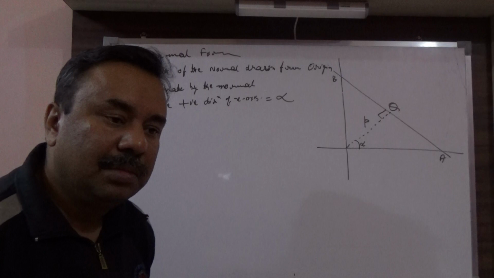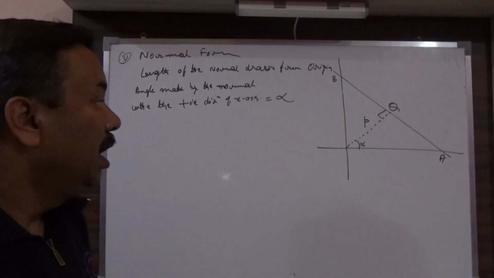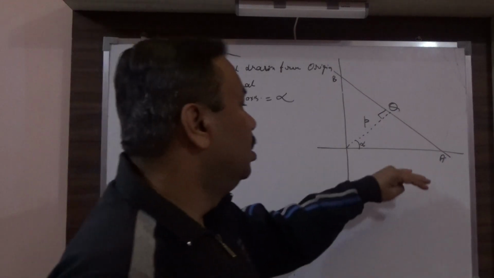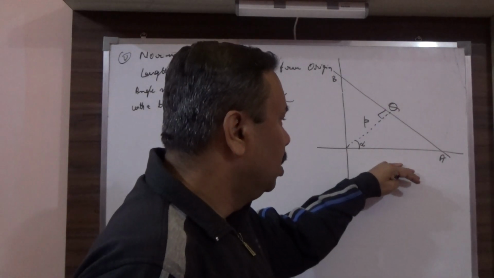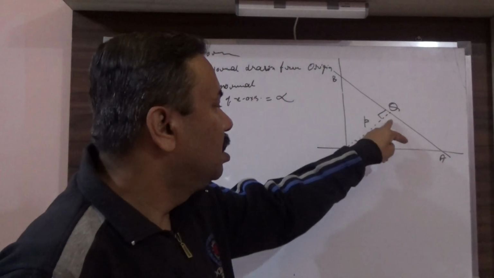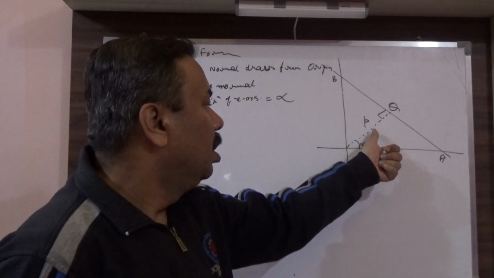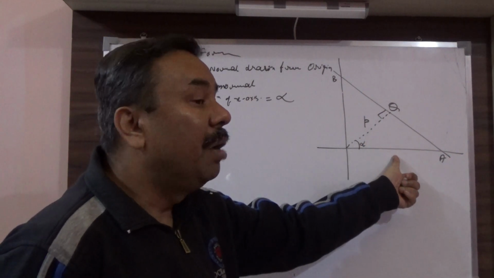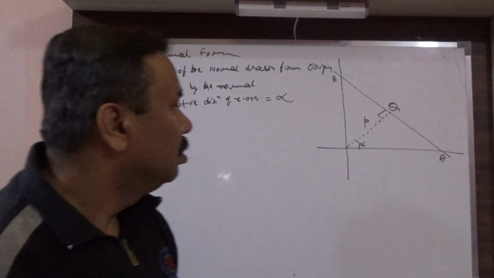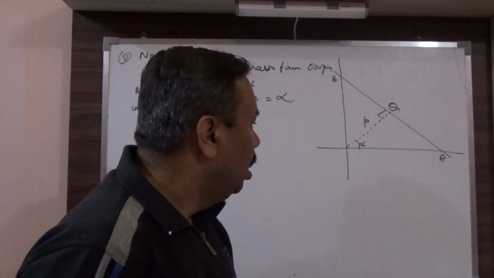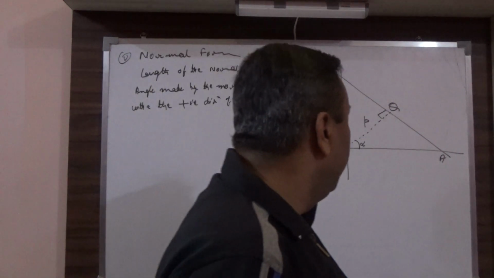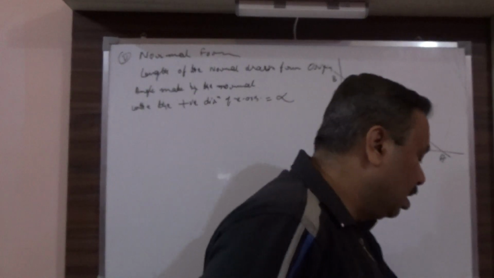Now if this is alpha, just see what this will be. If it is alpha and this is 90 degrees, then base over hypotenuse, so obviously OA will be P cos alpha.